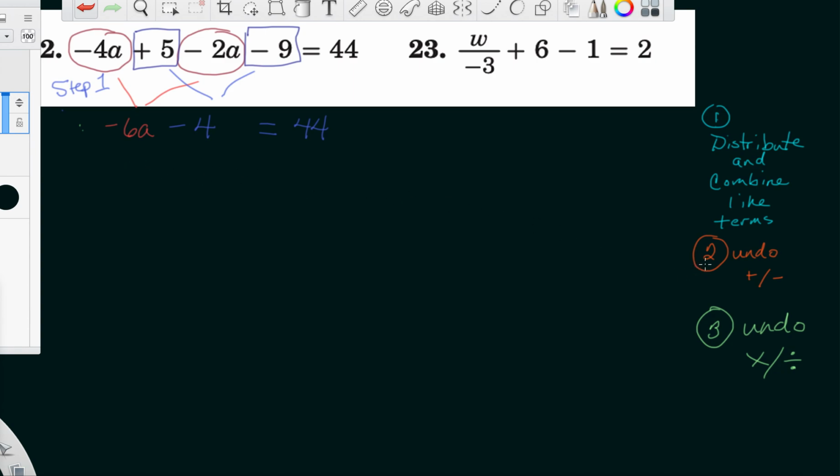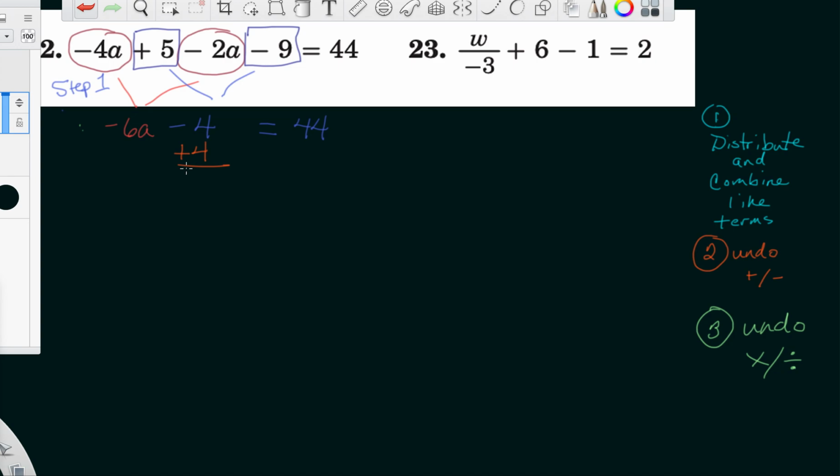Now we can get down to number 2, which is undo any addition or subtraction here. And we have some subtraction, right? We have minus 4. So I'm going to go ahead and use that orange color and add 4.